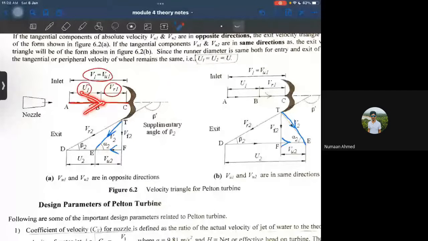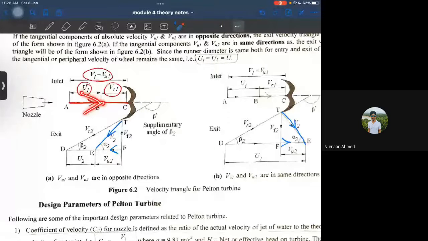So observe the directions of inlet and outlet VU. In case of the first, they are in opposite directions. If I go for the second velocity triangle, are these the outlet and inlet directions of VU?